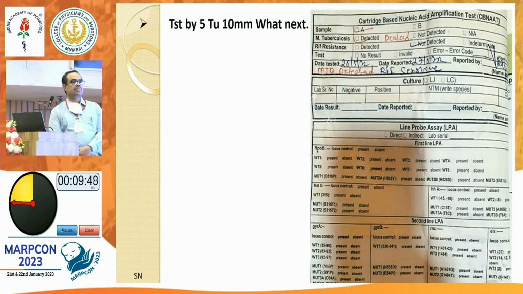So we should now investigate this patient. Tuberculin test done here is 10 millimeter, but it should not be done, because tuberculin test only shows that there is infection. It may be positive with BCG. Again, it will not differentiate between disease and infection.